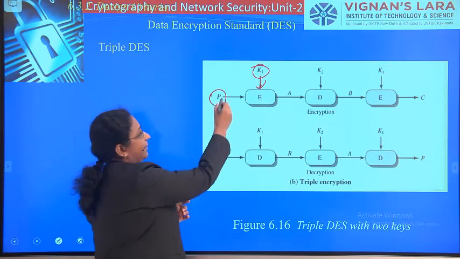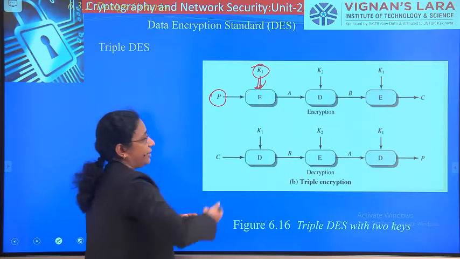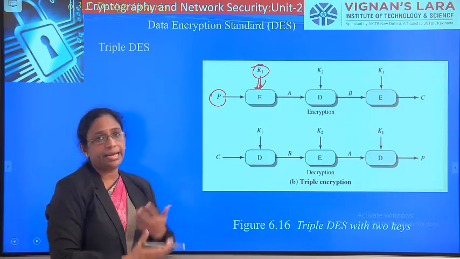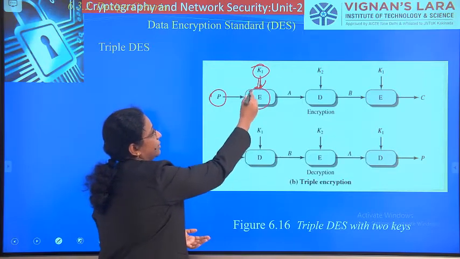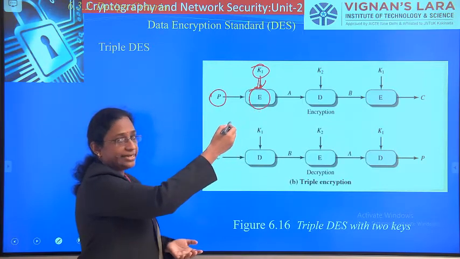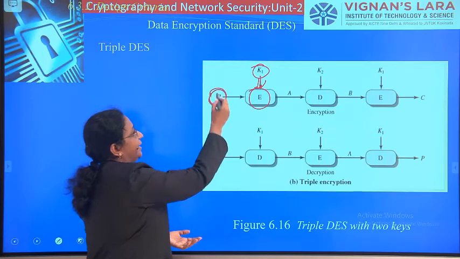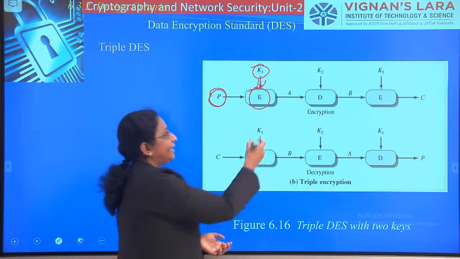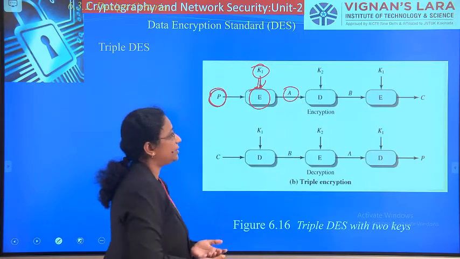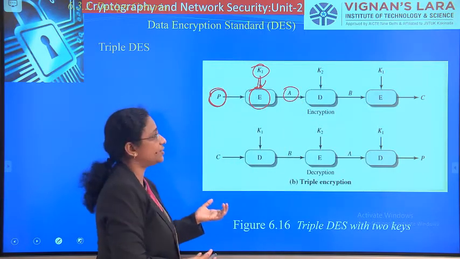We apply the DES encryption on this plain text P with the key K1, so we get some ciphertext A.